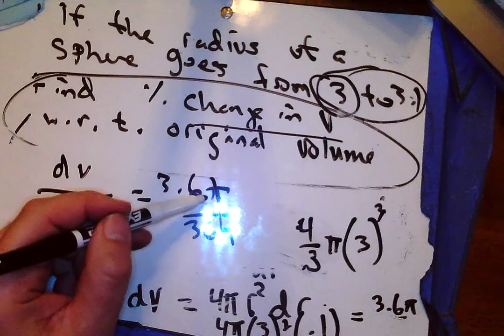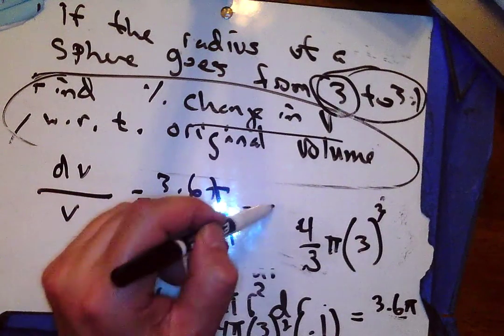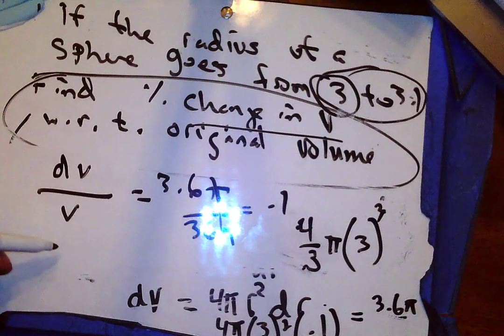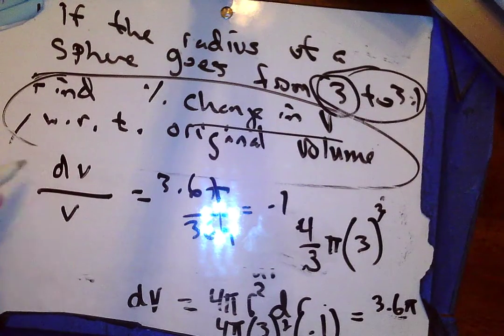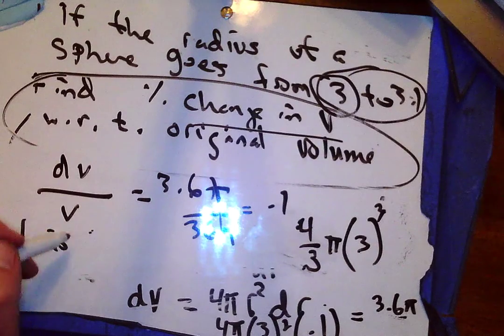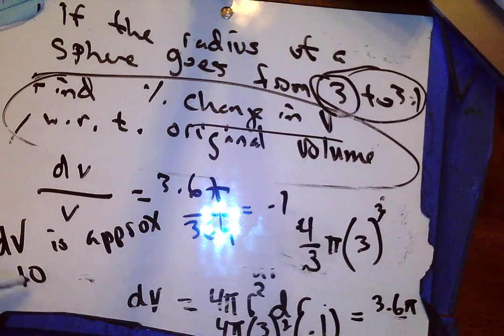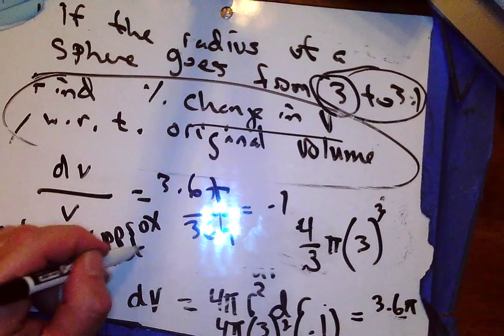Gosh, if this were over here, it would be 36 over 36, but because I've moved over 1, there we go, 0.1. So the error in volume is approximately, because it's an estimate, approximately 0.1 or 10% of the actual volume.